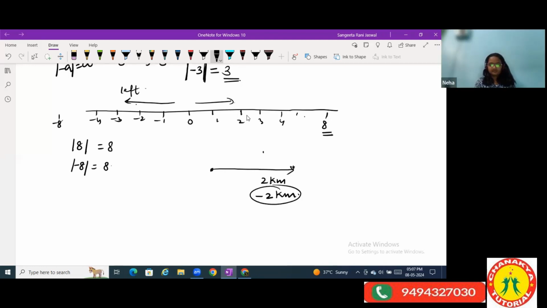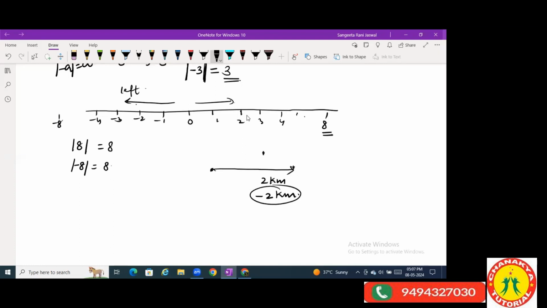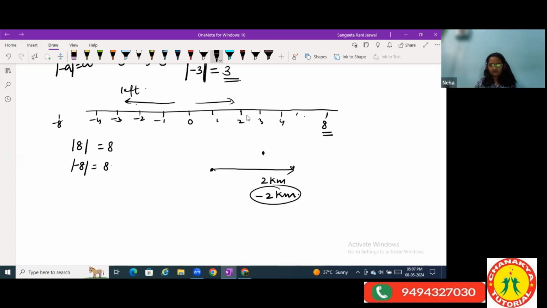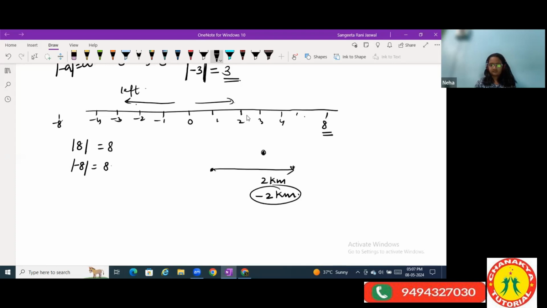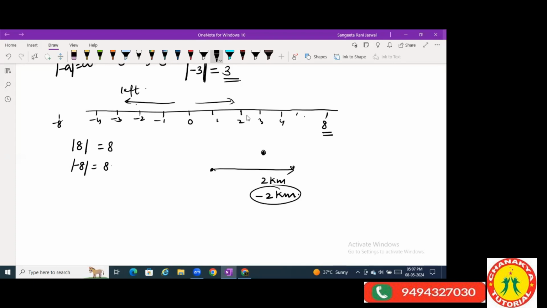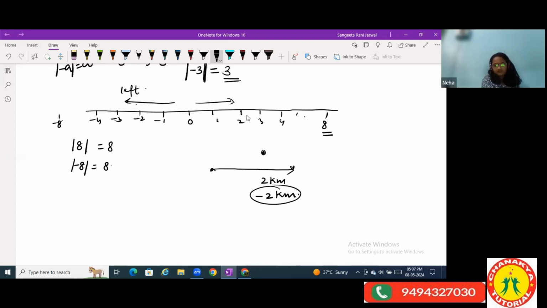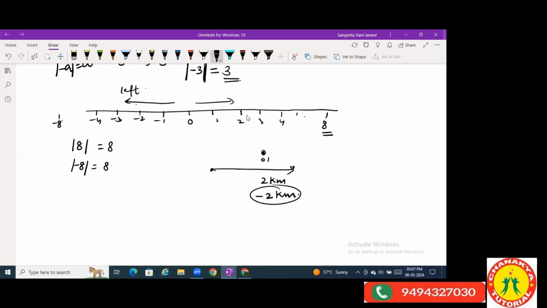So 0 means, can I say from here to here is 0 distance? No. 0 means you are standing at that point only, just walking at the same point, lifting your legs at the same point. You're not walking any distance. So this point is 0 kilometer.